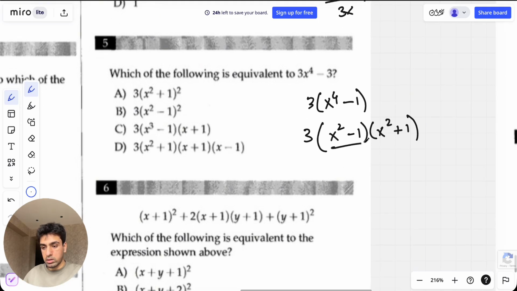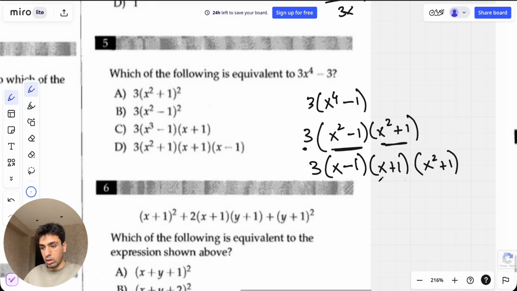Now we can factor this again, so this is like saying a squared minus b squared. So in this case, a is going to be x, and we get x minus 1 and x plus 1. So this is for this. And then we can add whatever is left, so we have 3 here, and then we have x squared plus 1 here. That's going to be D.